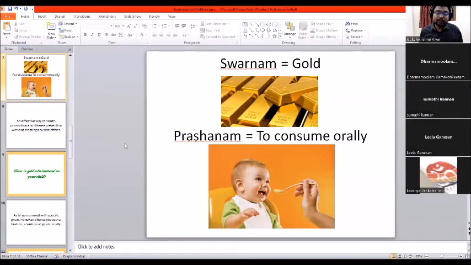And even today there are very few Vaidyas in India who manufacture these medicines strictly according to the rules laid down in the Shastras. There are many procedures like Shodhanam, Maranam, Amritikaranam, and so on.